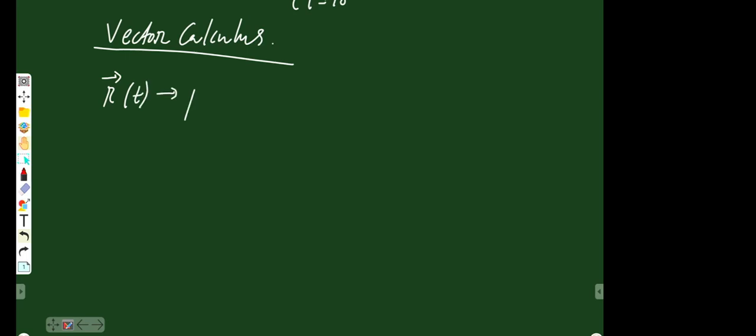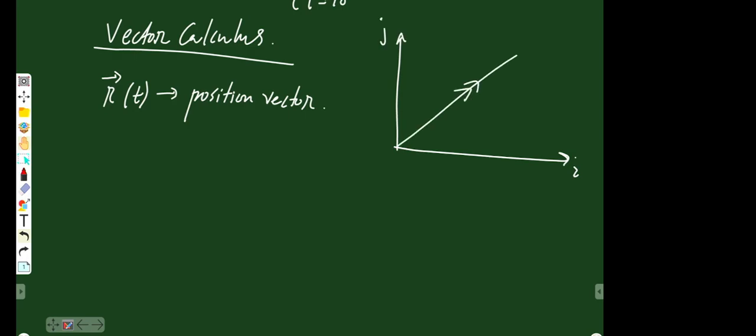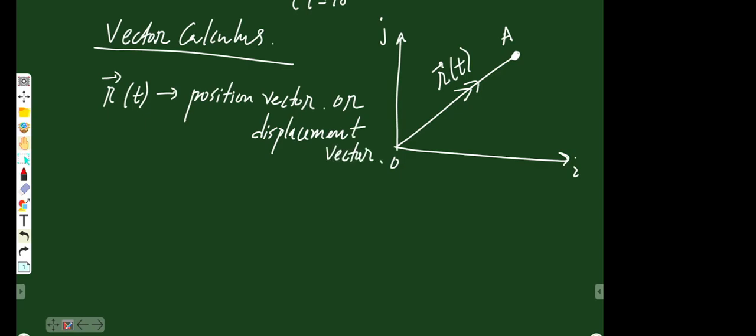So this is called the position vector. What do you mean by that? Position vector means in here i and j, this is your position, right? So we are defining this position from O. So it's a position vector. It has a specific direction along that line, right? So we call it position vector, or we can say displacement vector.